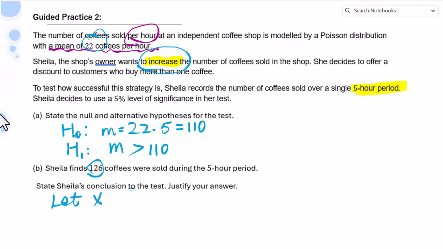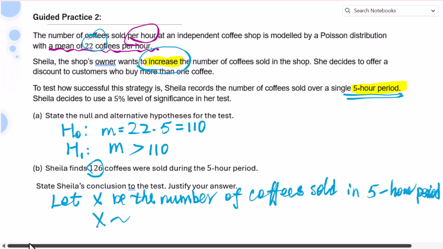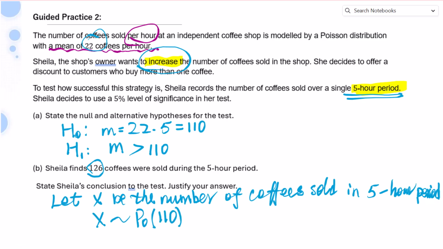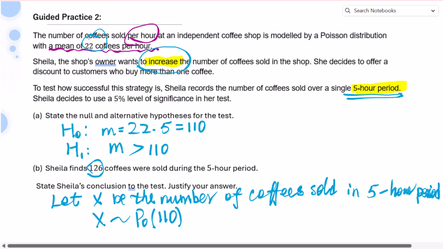Let X be the number of coffees sold in a 5-hour period. Then X follows a Poisson distribution with a mean of 110. The observed frequency is X equals 126.